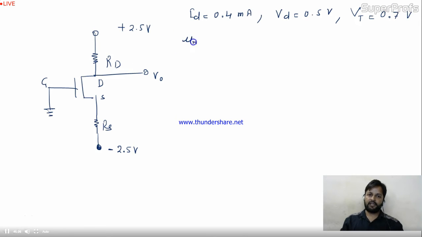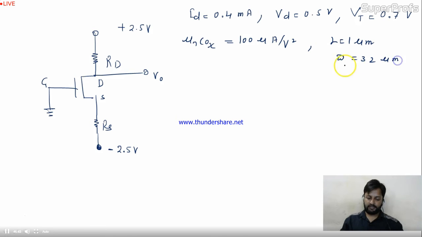Mu n COX is given as 100 microampere per volt square. L is given as 1 micrometer and W is given as 32 micrometer. Now they're asking us to find RD and RS.